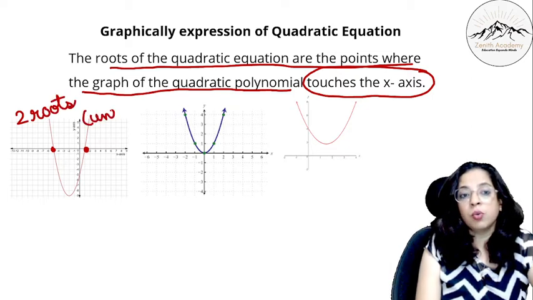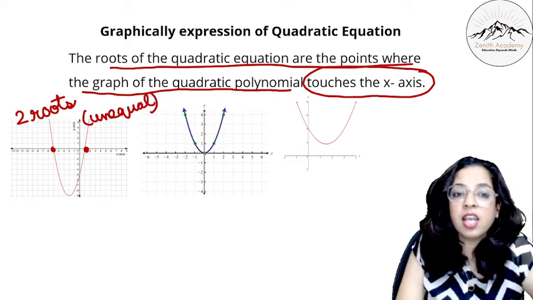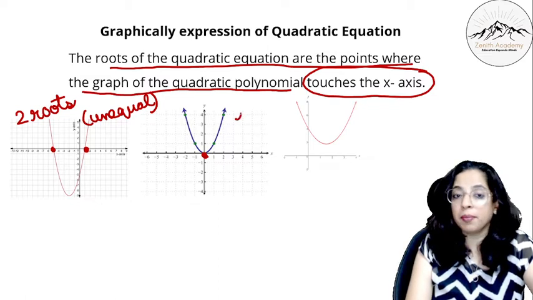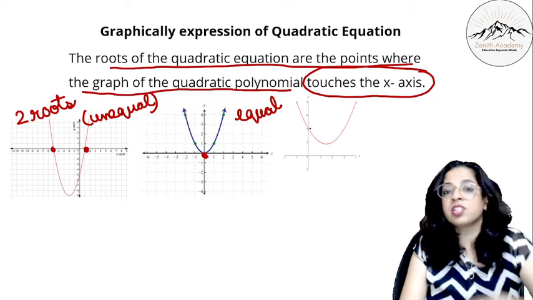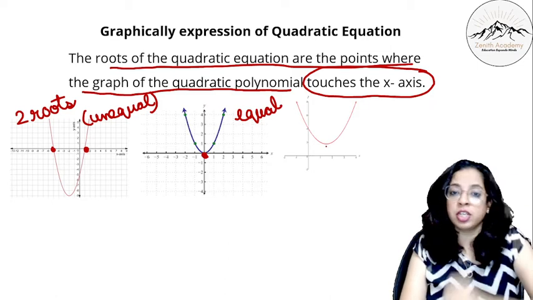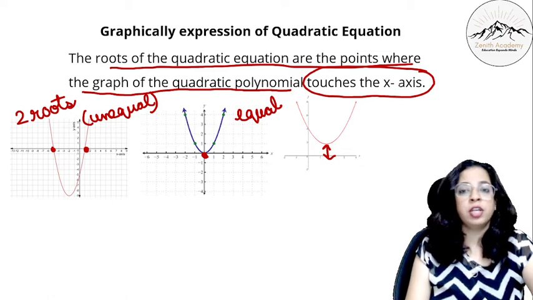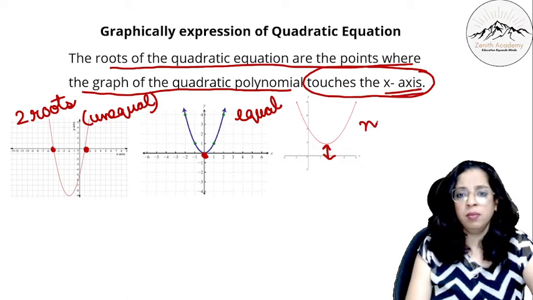Now here you are seeing that it is touching the x-axis at one point. So both the roots will be same. So equal roots. Now here it is touching the y-axis, but it is not touching the x-axis. The graph is not touching the x-axis. So here there will be no real roots.